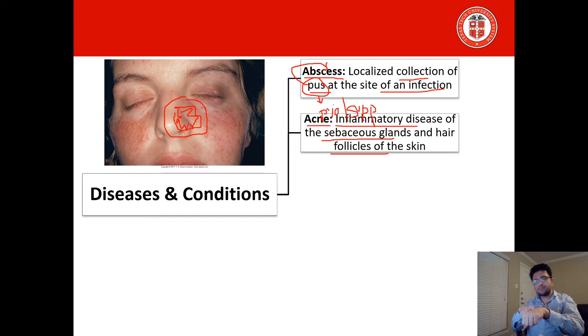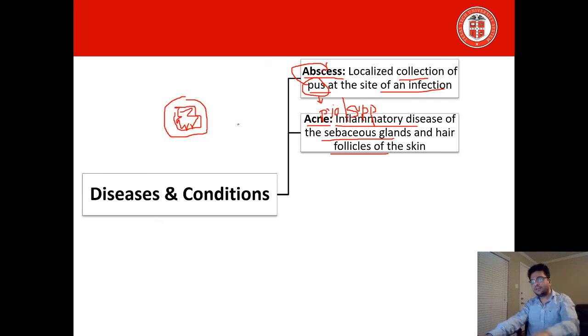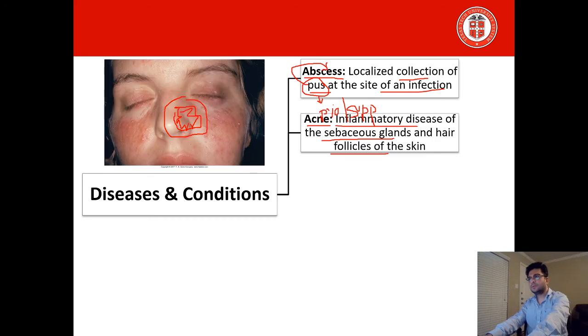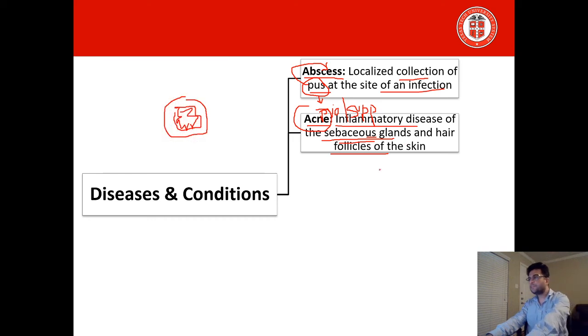In case there is a blockade because of dead hair cells or dead squamous cells, then that oil starts collecting, and that will form acne. So it's basically the blockade of sebaceous gland inside the pores or the hair follicles.